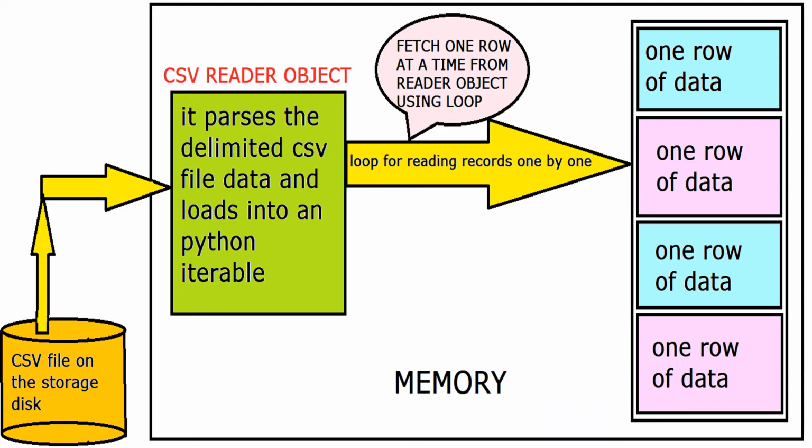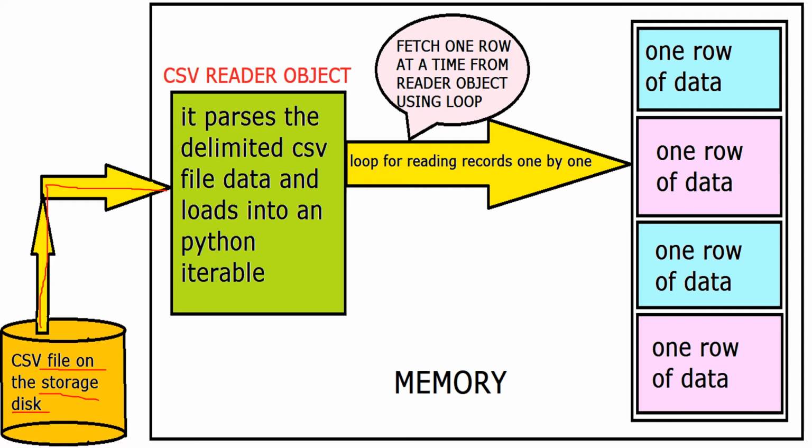So this is a diagrammatic representation of reading a CSV file. The CSV file is basically stored on a storage disk, which is normally a hard disk on your computer system. Through the statements, the CSV file is read and the records are transferred to RAM in the form of an iterable through the CSV reader object.